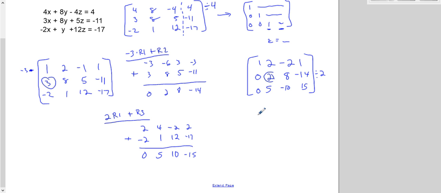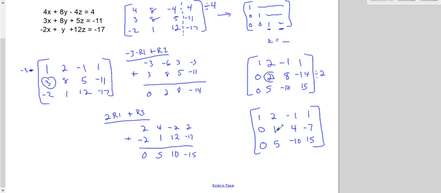So that will then give me 1, 2, -2. Nope, I didn't change this one over here. 1, 2, -1, 1, 0, 1, 4, -7, 0, 5, -10, and 15.